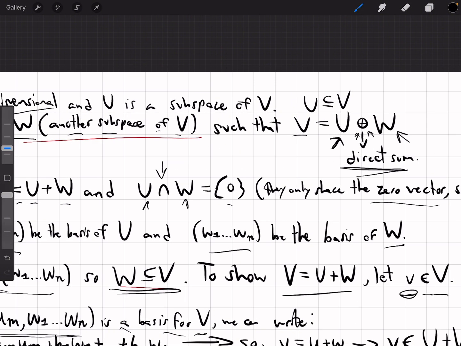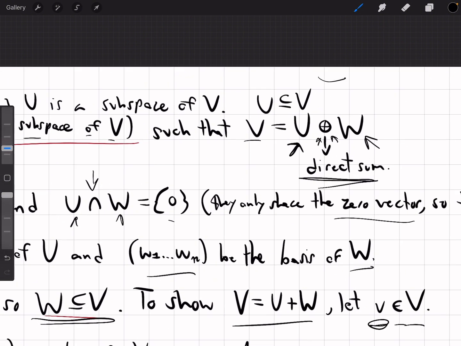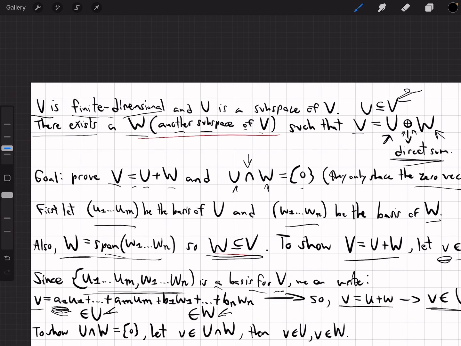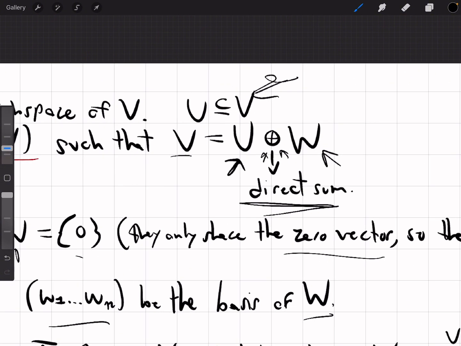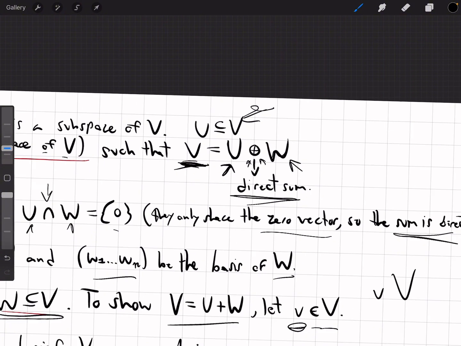And U is a subspace of V. And then there exists another subspace of V, we're gonna call it W, that is a direct sum that equals V. So U direct sum W is equal to V.